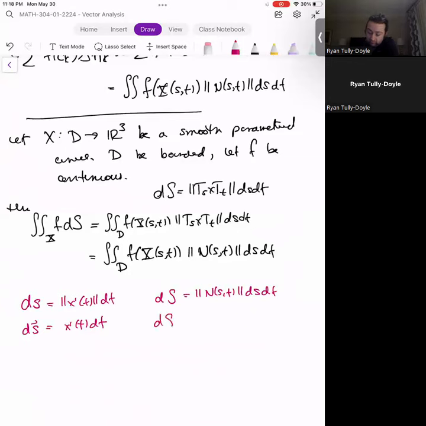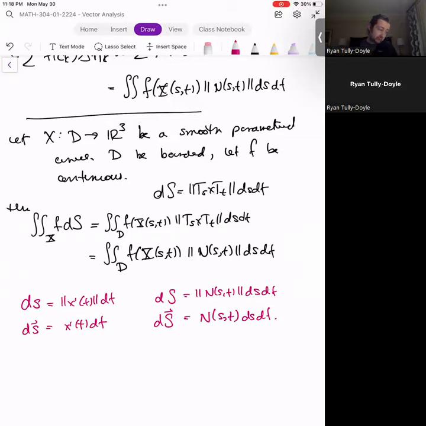And the vector version of dS is the same exact move. We just deal with the normal vector itself because I want to be able to dot that with a vector field. The vector N characterizes the surface in the same way that the vector x prime of t characterizes the way that you travel down a curve.